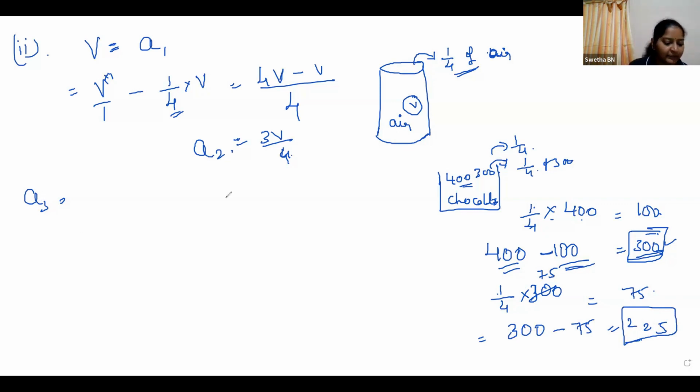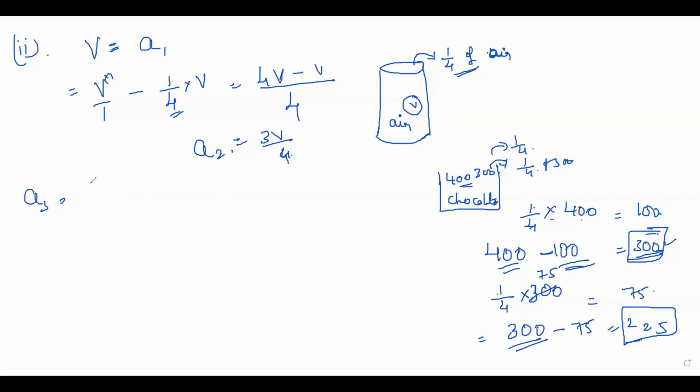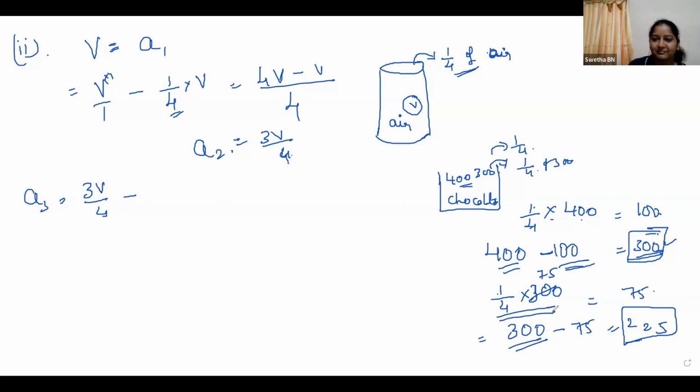So how will you write A3 now? First, what I have written? 300. So what will you write here? Remaining. 3V by 4. Very good. 3V by 4 minus, what will you write next? 1/4 of 300.